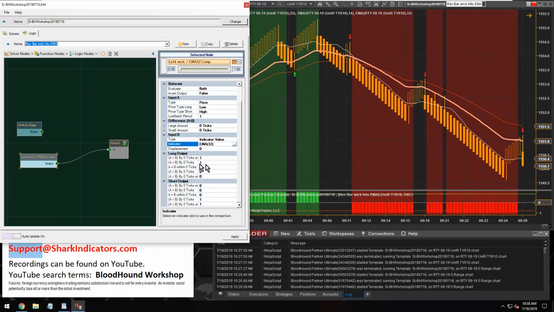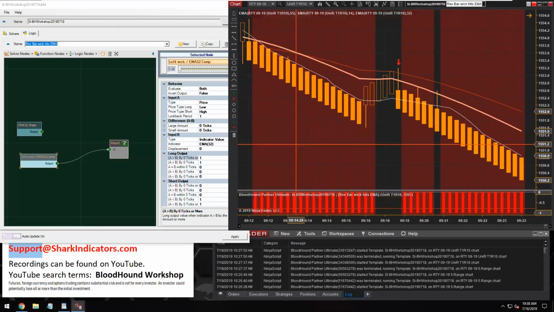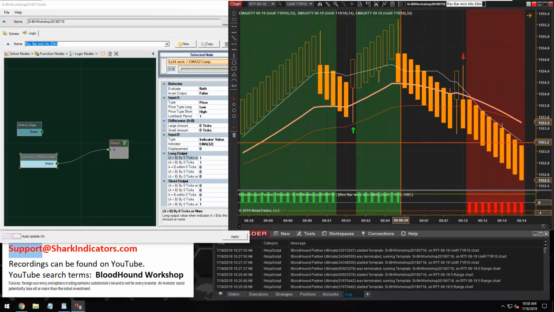So now, checking the outputs here. Actually, we can just look at the chart, and we can see that there's no output here. But over here, on these bars, let's stretch this out a little bit. We can see on these bars the low is above the EMA, we're getting a long output.